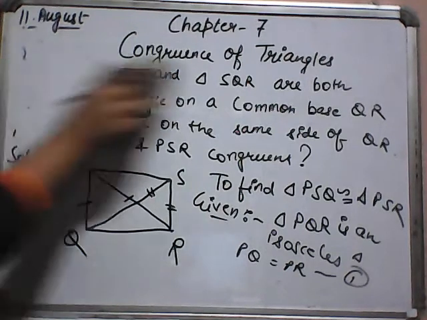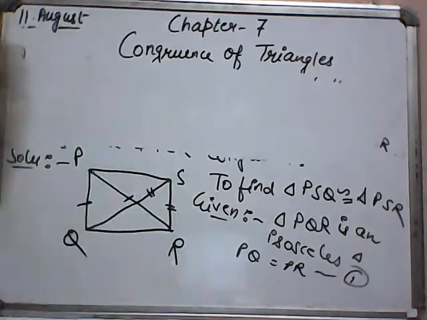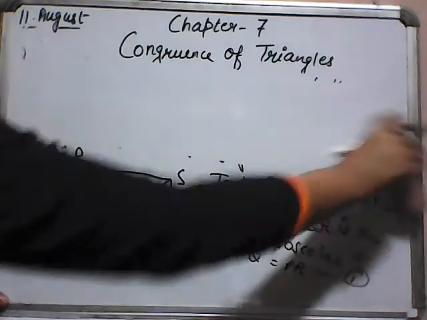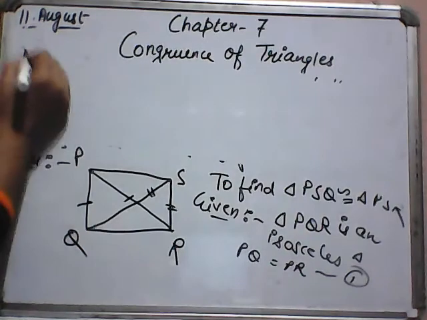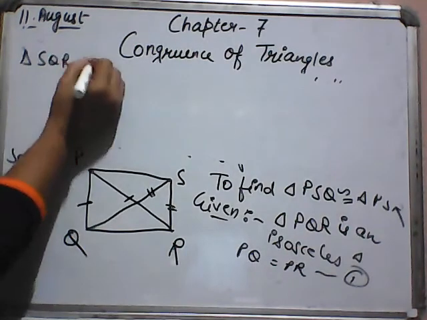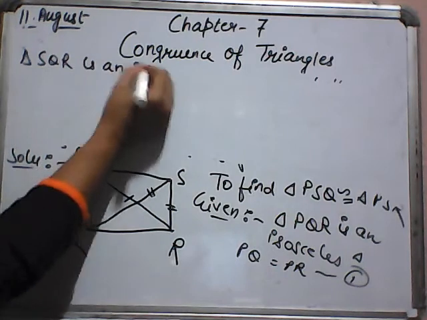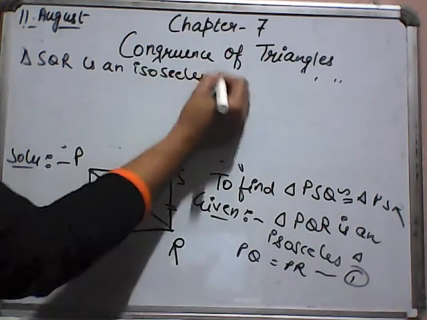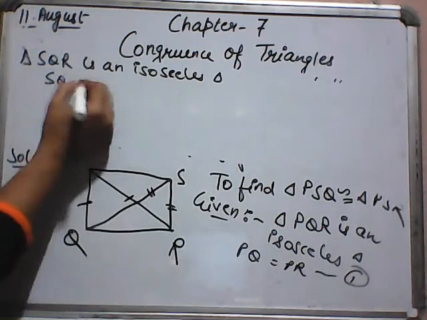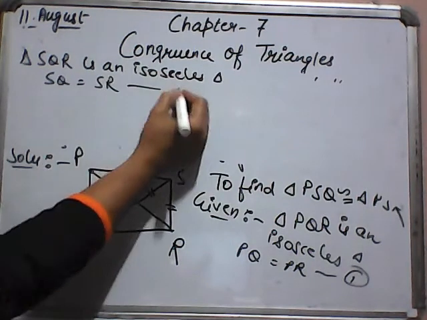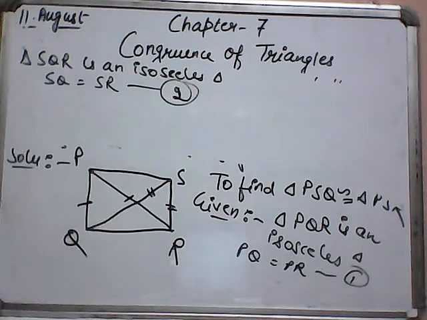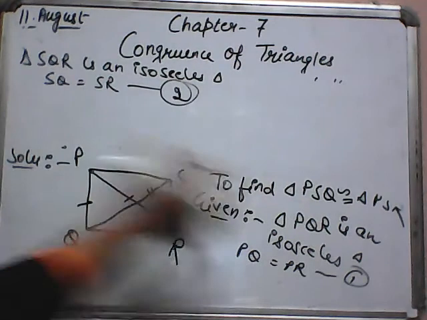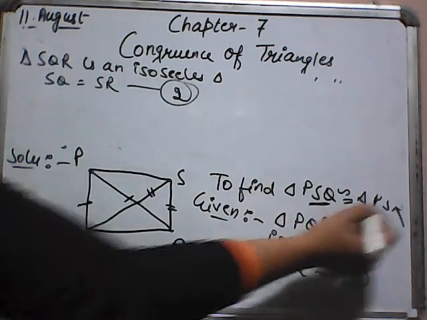The next part is also given to you. Triangle SQR is an isosceles triangle. It is also given to you. It means SQ is equal to SR. Let's take this as equation number 2. You have to check whether triangle PSQ is congruent to PSR.